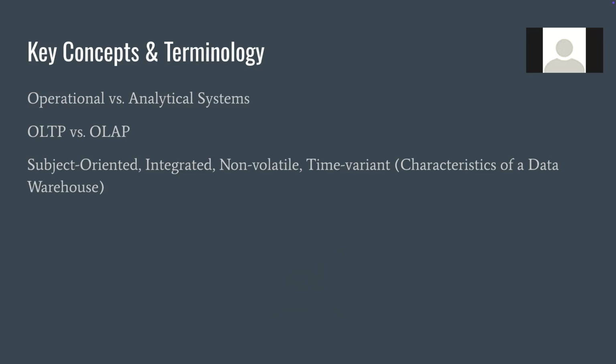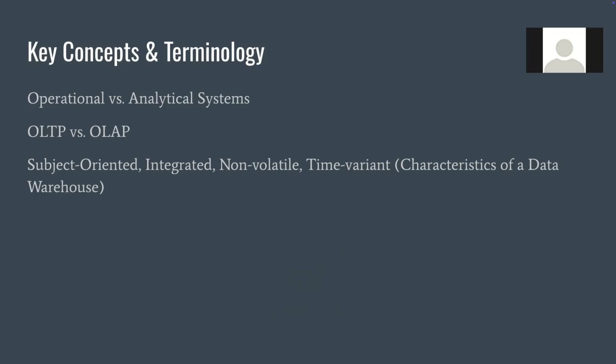Let's talk about key concepts and terminology. In the data world, there are two main types of systems: operational and analytical. Operational systems are also called online transaction processing or OLTP systems.